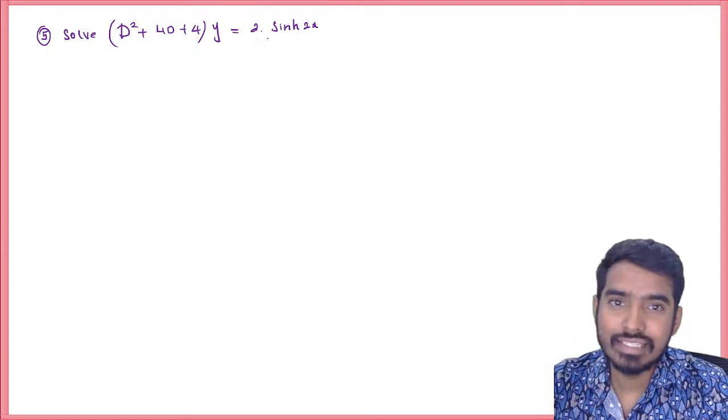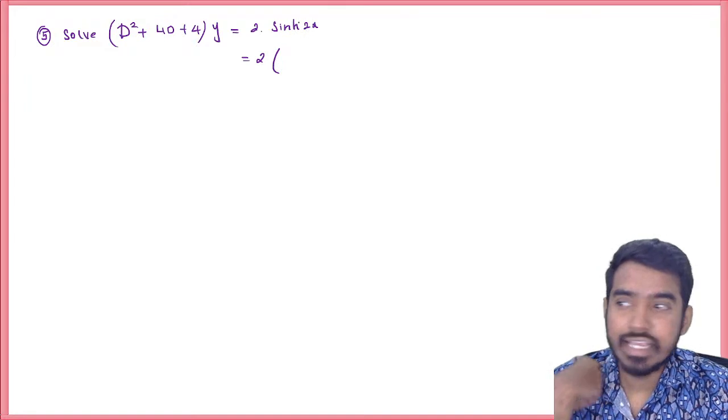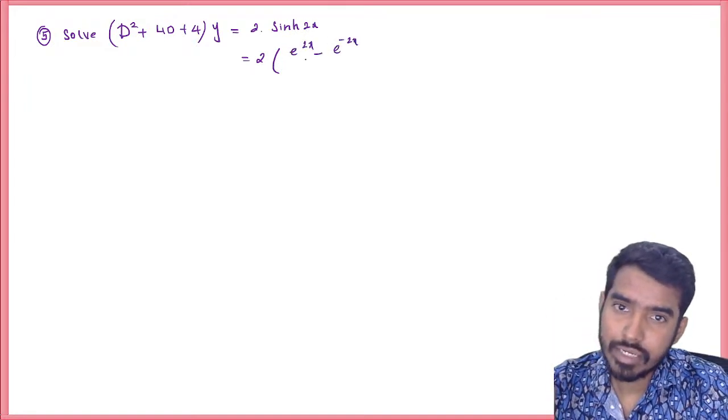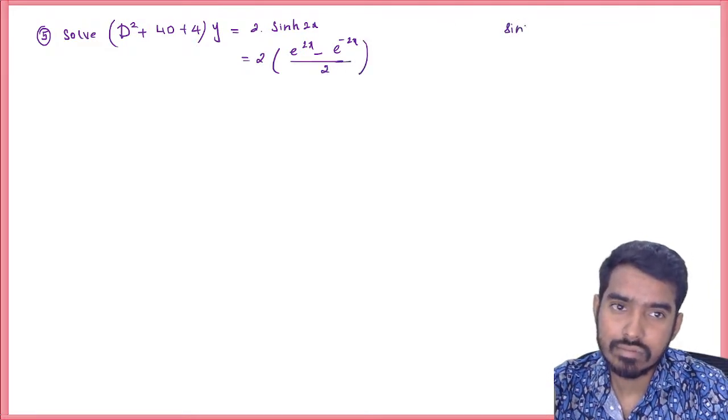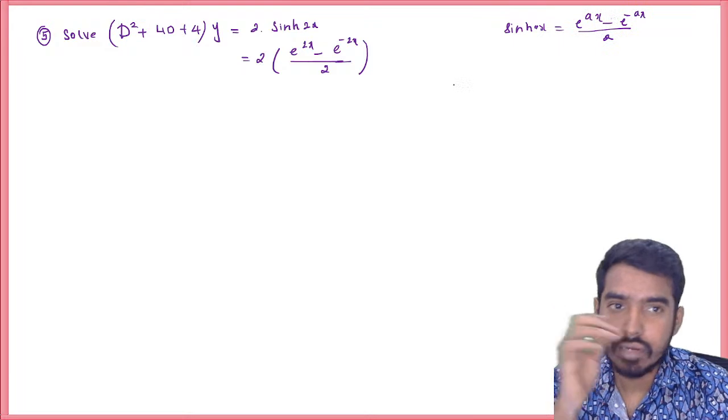So what is sinh ax? This is the same as 2 into sinh ax, which is e power 2x minus e power minus 2x by 2. Sinh ax is e power ax minus e power minus ax divided by 2.